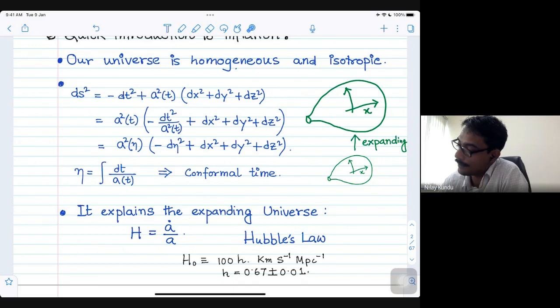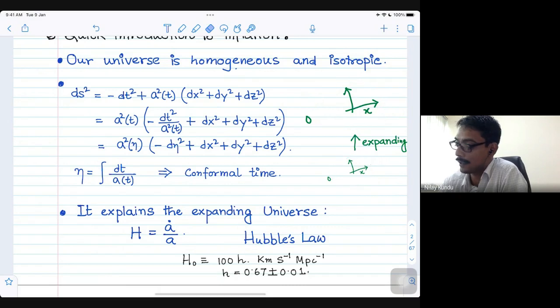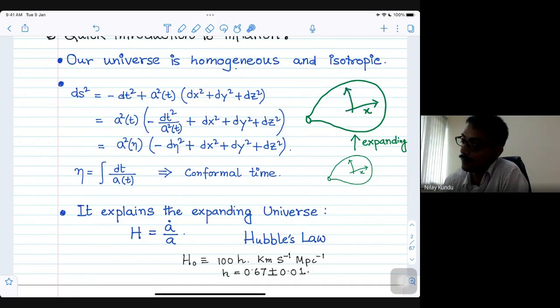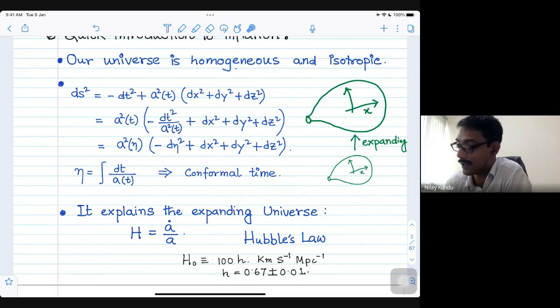If there is some insect or creature living on this balloon, for them this universe expands, the balloon gets expanded, and this x, y, z remains the same for someone living on the surface of this expanding balloon. That's called the co-moving coordinates.